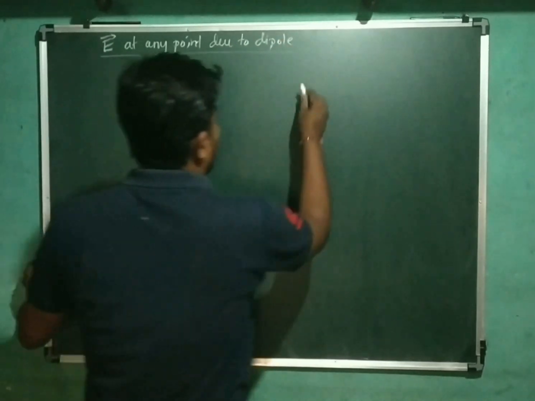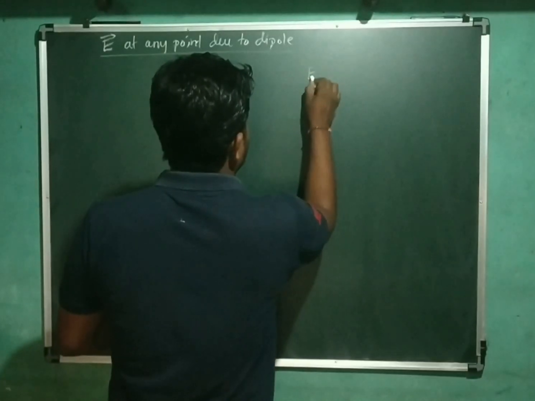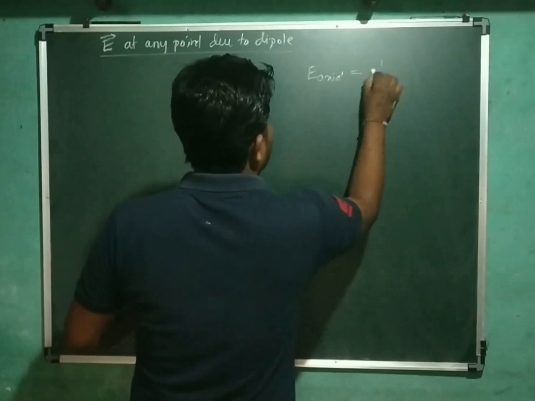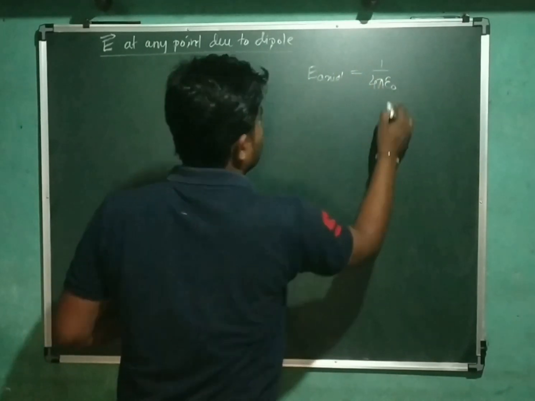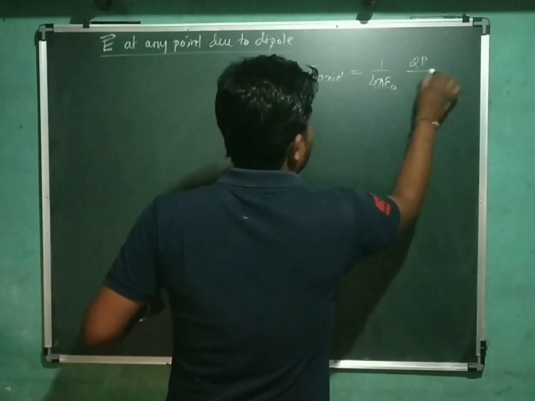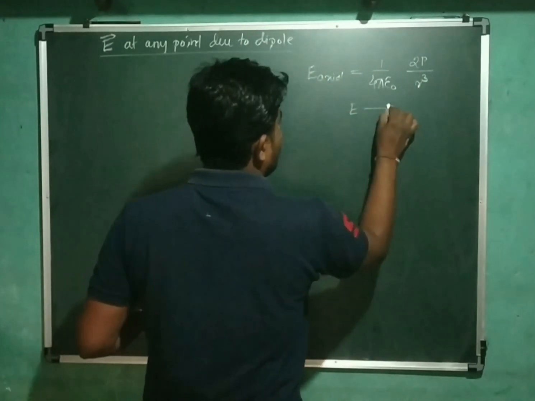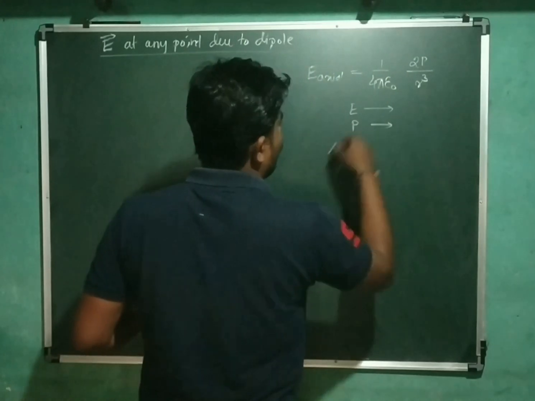As we have already calculated, electric field on axial line is 1 divided by 4 pi epsilon naught, 2p divided by r cube. In this case, the direction of electric field and the direction of dipole moment both were same.